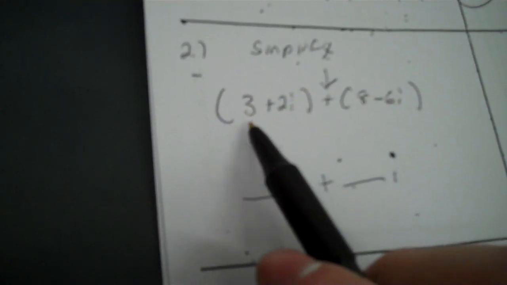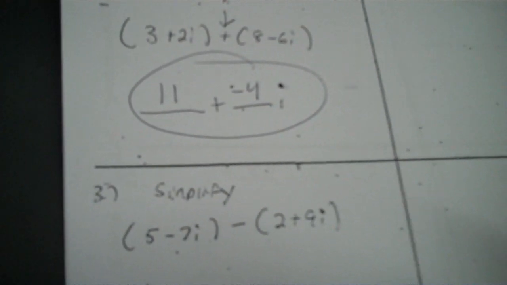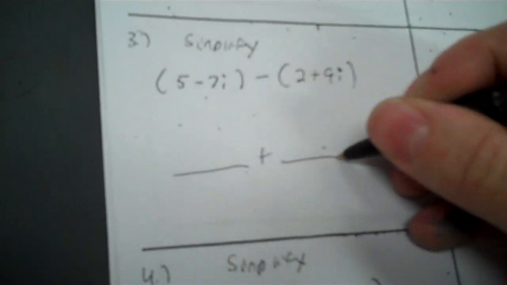Okay, what do we have in the middle? We have an addition sign, so I don't need to do any multiplying. Blank plus blank i. So 3 and 8 make 11, and then 2 and negative 6 add up to negative 4. Bam. Blank plus blank i. Now you got subtraction.